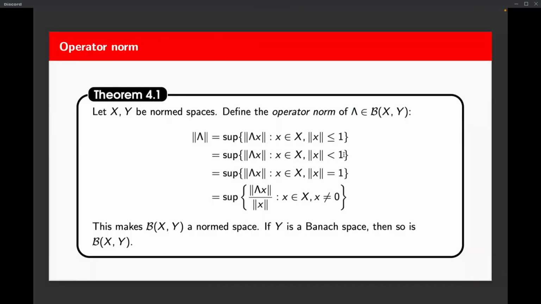That's equivalent to the image under the open ball because of continuity, and it's also equal to the image of just the surface or the boundary of the unit ball, and that's just because things get bigger as you move from inside the ball out to its periphery. So you can restrict yourself to just looking at the points on the boundary. And then also, the third line says we can restrict ourselves to unit vectors.